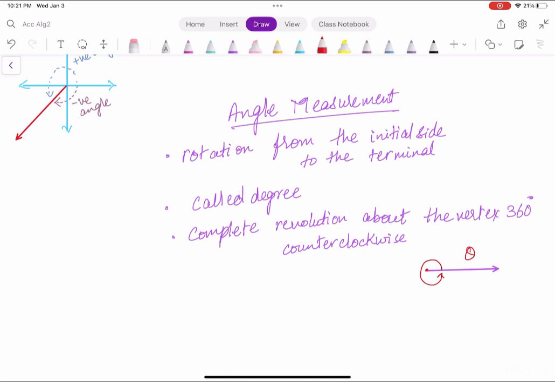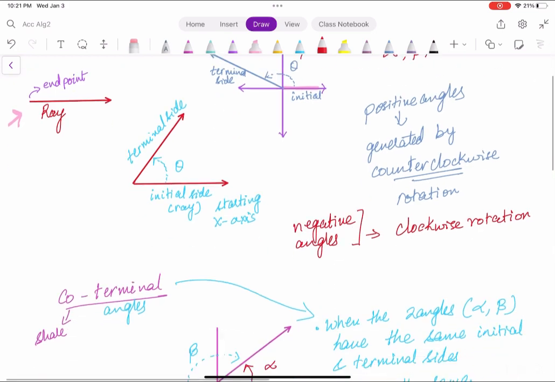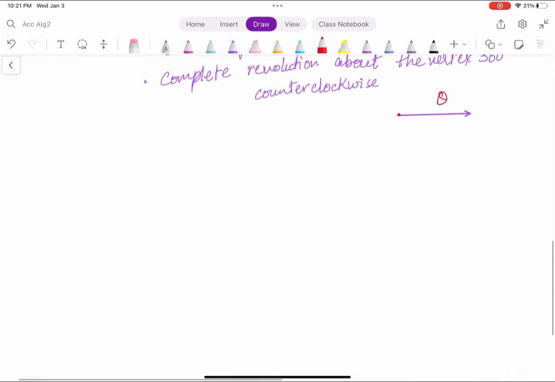Because with this, we can understand the different quadrants as well. So when we are talking about the measurement of the angle, we are saying the whole entire circle, or the coordinate plane, is 360 degrees.